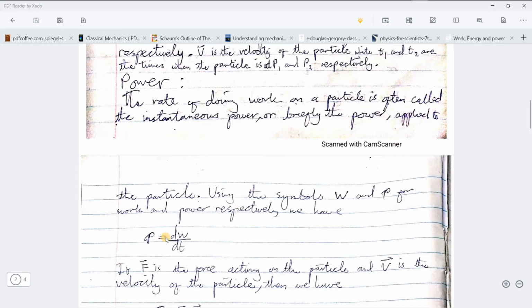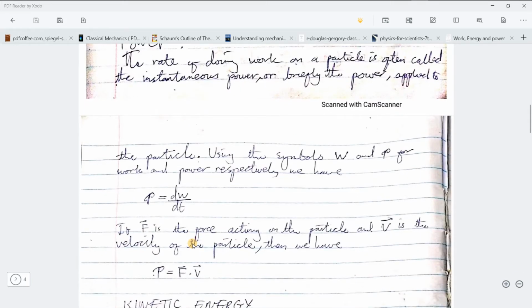In other words, the work over the time, so change in work over change in time. That's how we calculate power.